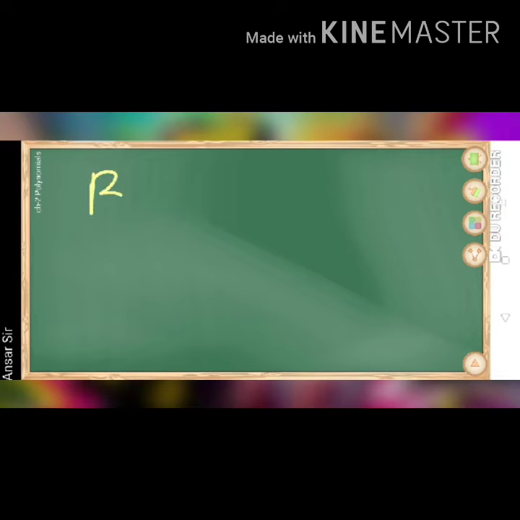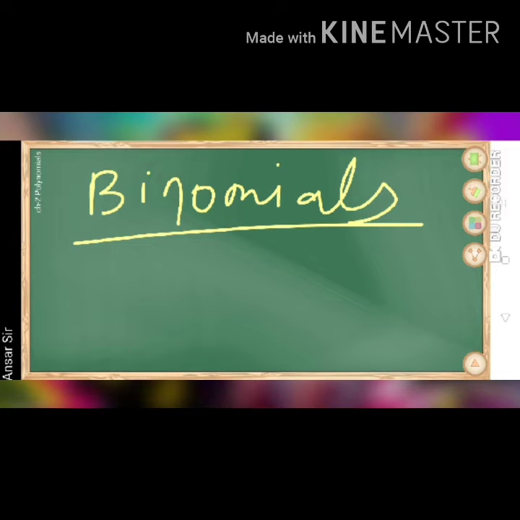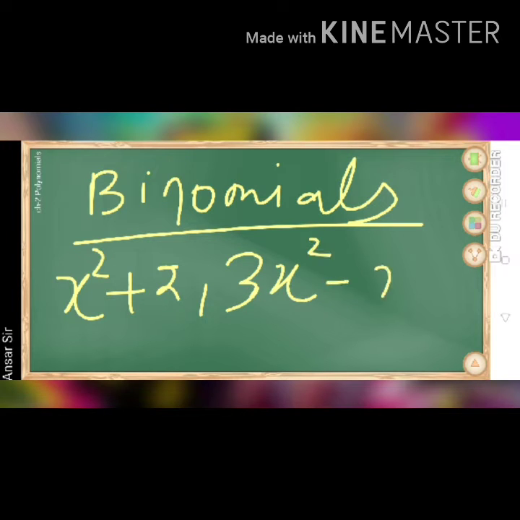Next is binomials. Polynomials having two terms are known as binomials. For example, x square plus 2 and 3x square minus x. Here two terms are there, so these are binomials.